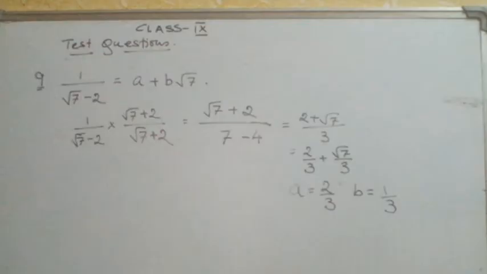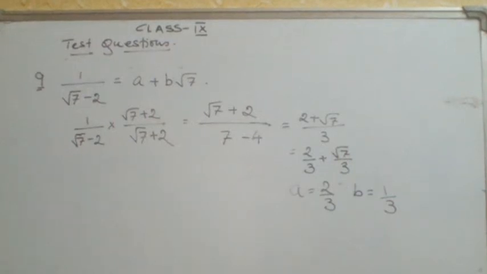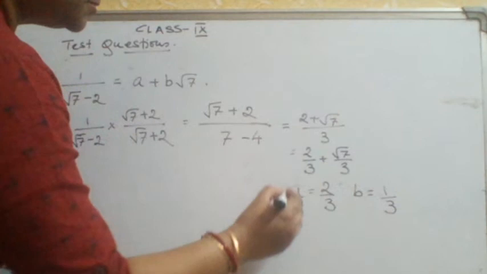This is your answer: a equal to 2 by 3 and b equal to 1 by 3. Please note down this question.